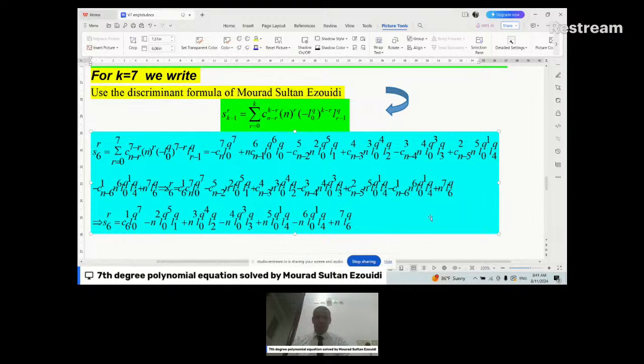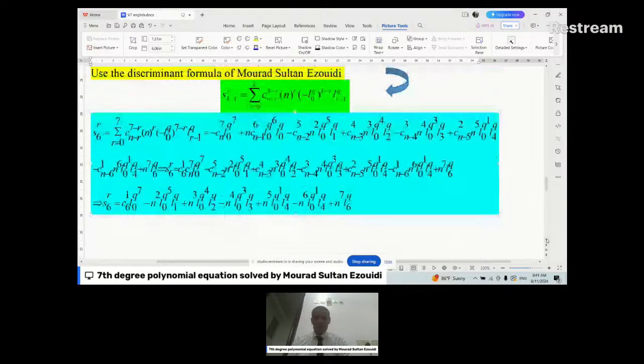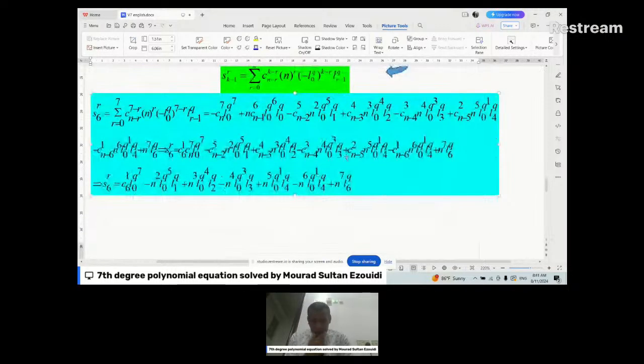I'm going to focus on the last one, but I want the formula to appear. It will be negative 1, raised to the power 6, times.